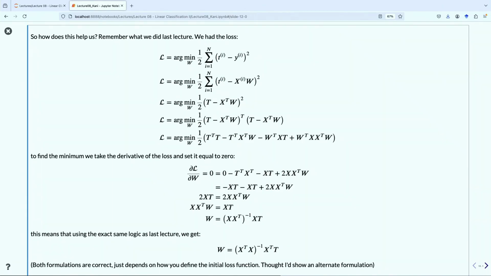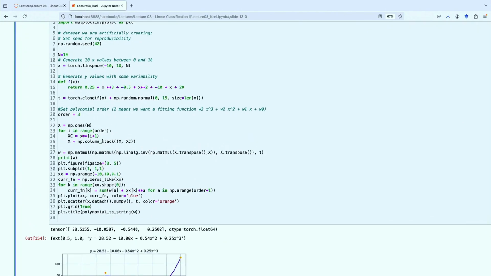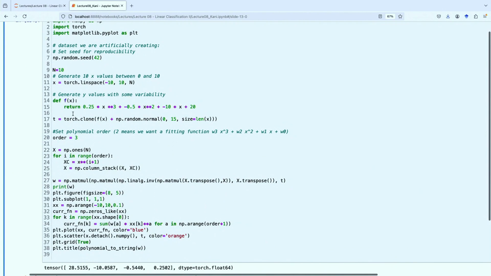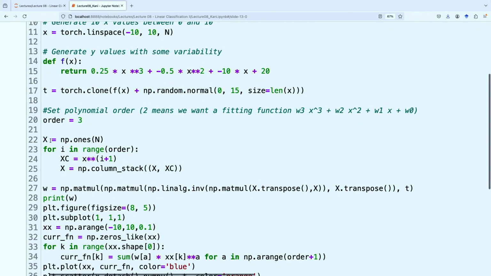Speaking of PyTorch, we could do literally that in PyTorch. Instead of doing the whole gradient descent, we just calculate x. Namely, we calculate this x matrix by saying the first column is all ones, then the next column is all x to the 1, the second column is x squared, the third column is x cubed, right?